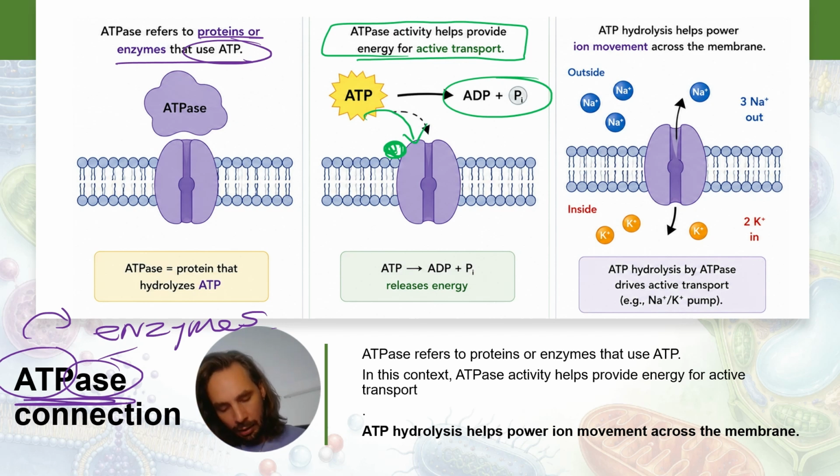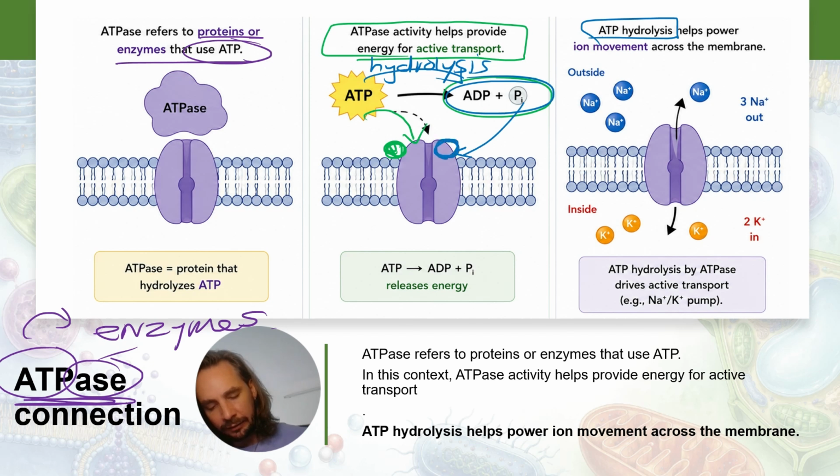Now, this is ATP hydrolysis. Hydrolysis means we cut that ATP with water to release ADP and the phosphate, but that phosphate attaches itself to the protein first, and this gives out the energy to move ions across the membrane.